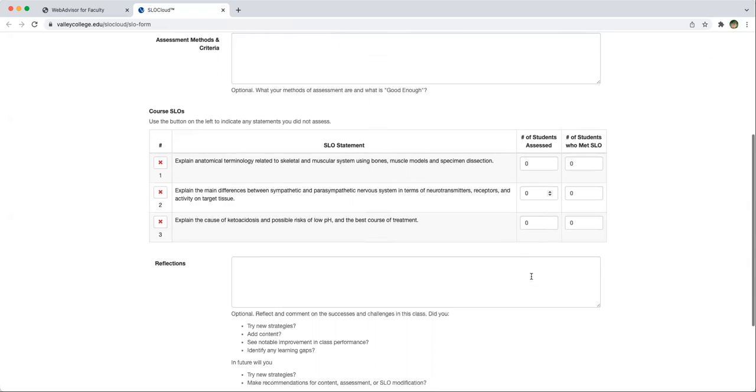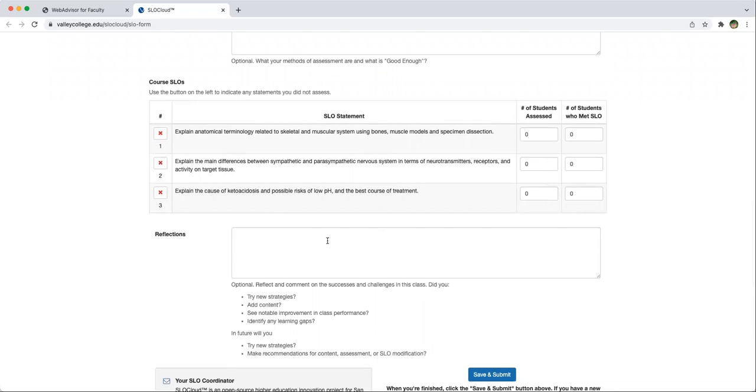The last thing you're going to do is complete the reflection portion. It's pretty self-explanatory. Basically, what we're asking is, if your students did well, what did you do that you think helped your students do well in that assessment or understand the concept described in the SLO?